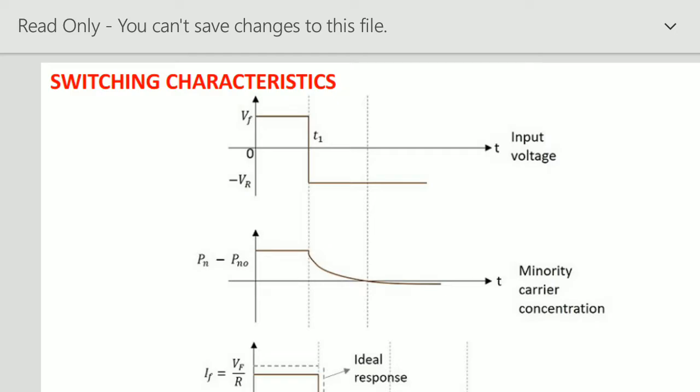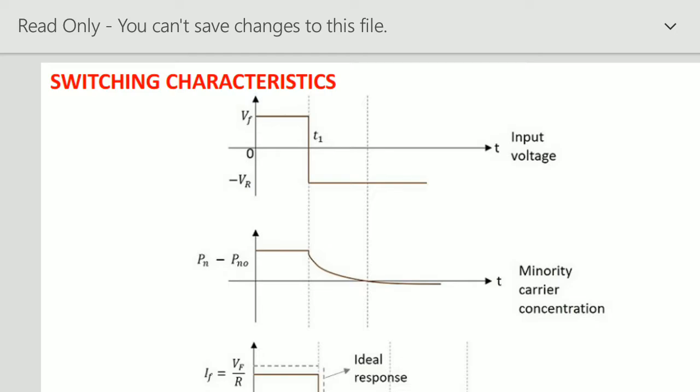The first diagram shows the input voltage changing from the forward to the reverse direction, from VF to VR. Due to this, the minority carrier concentration will be decreasing.